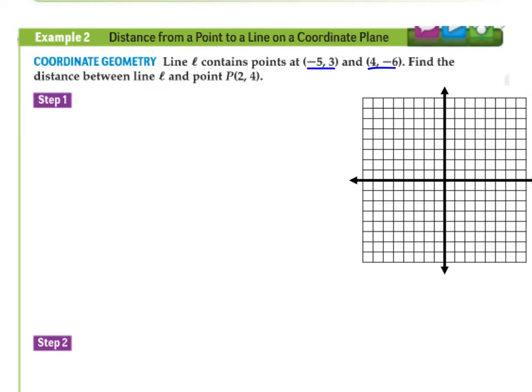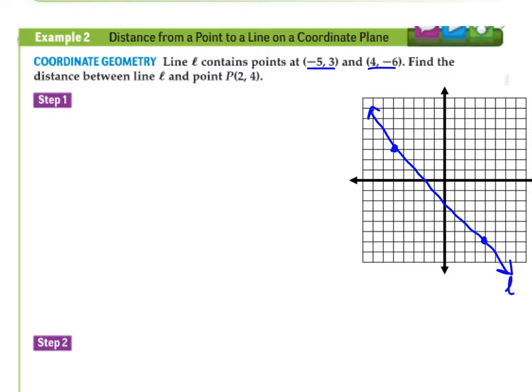All right, line L is going to be blue. I'll plot my points: (-5, 3) and (4, -6). All right, so we know line L looks something like this.